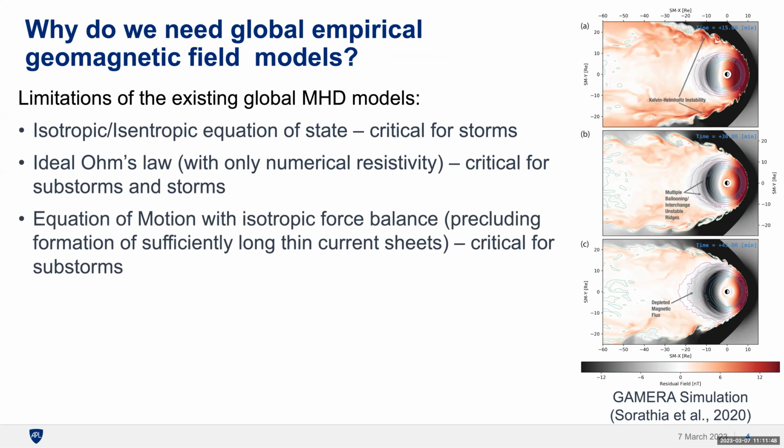Another problem is the equation of motion with the isotropic force balance. Embedded thin current sheets play a critical role, particularly in the substorm growth phase.